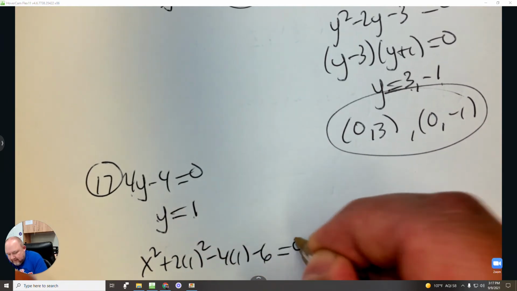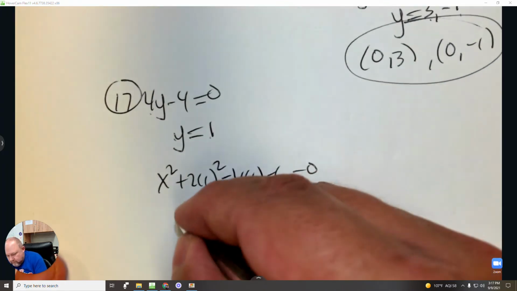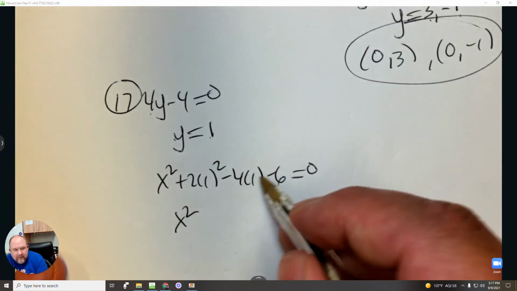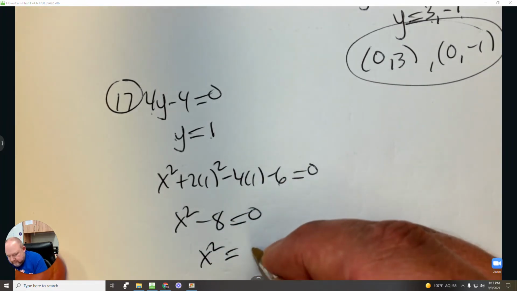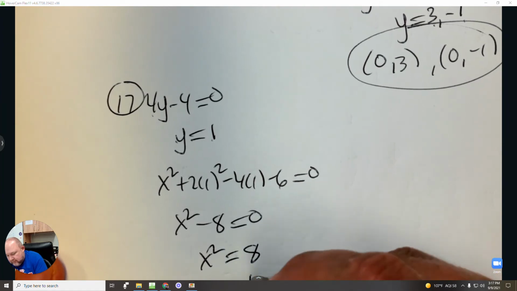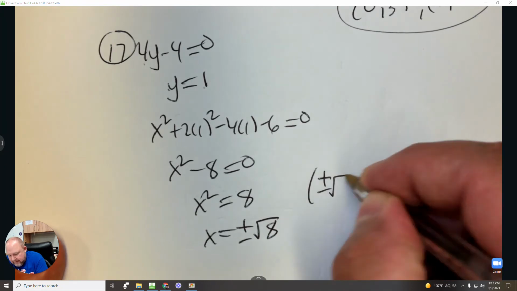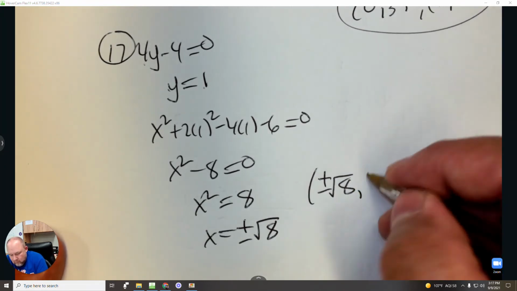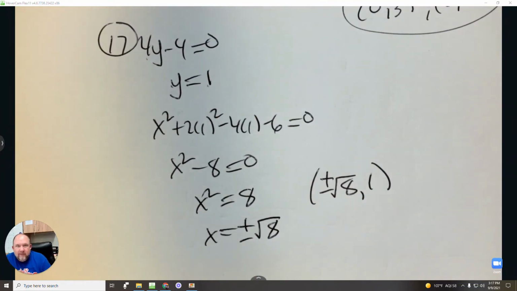You're looking for the x coordinate for that. 2, take away 10, what is that? Negative 8. So when you square root, the answer is both positive and negative root 8. So it'd be positive and negative root 8 and 1, because that's what the y value is. So there are 2 points where the slope is vertical, so that we have an undefined derivative.